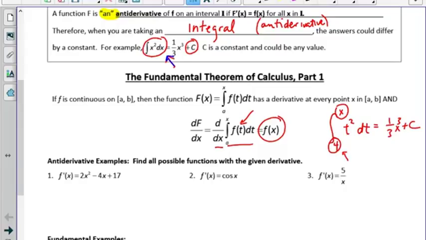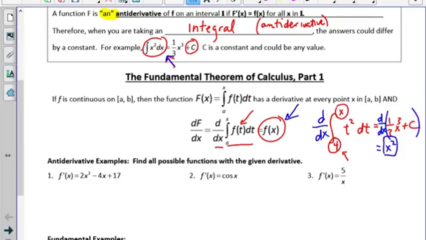What we do want to know is what happens when we take the derivative with respect to x of this integral. So I found the integral. Now if I take the derivative with respect to x of this integral, what I end up with is the derivative of 1/3 x cubed, which is x squared, and the derivative of any constant is 0. So I end up with the exact same thing that I started with.